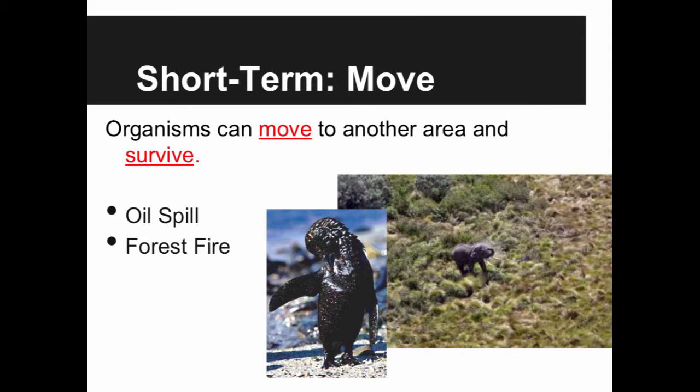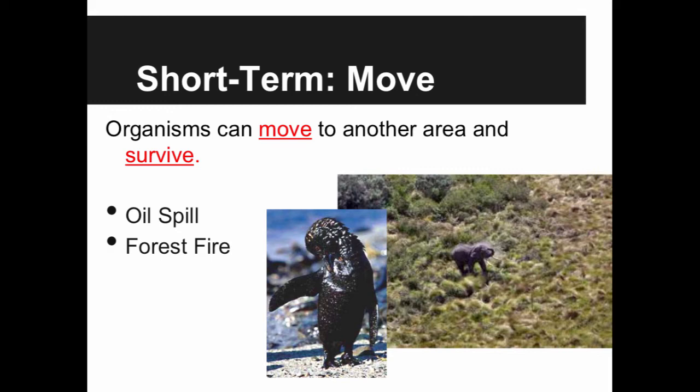Now remember, short-term environmental changes are environmental changes that happen very quickly and they affect the organism immediately. So, like a forest fire or an oil spill, organisms can move to another area to survive. So, in the example of this elephant, if there is a forest fire, obviously they're going to run away. And if they can move, they're going to be able to survive and live.